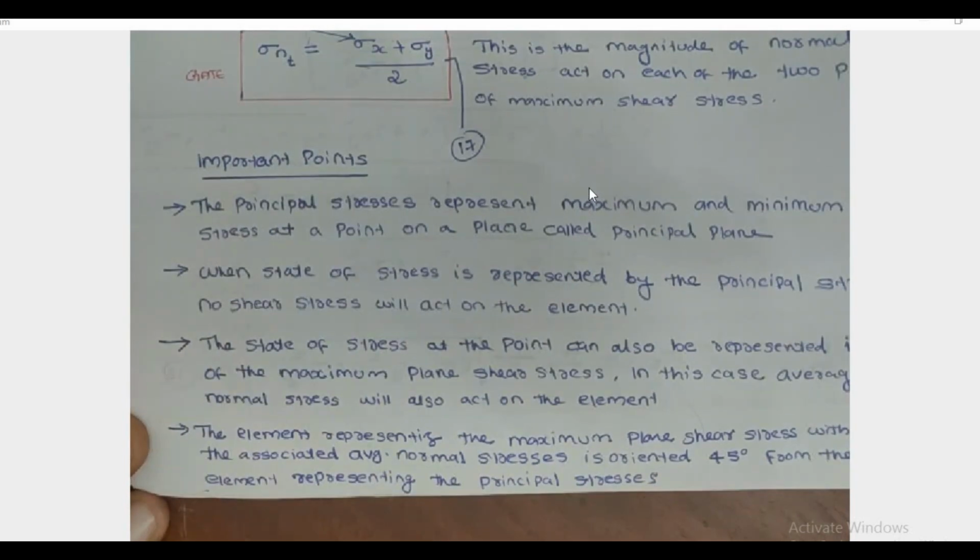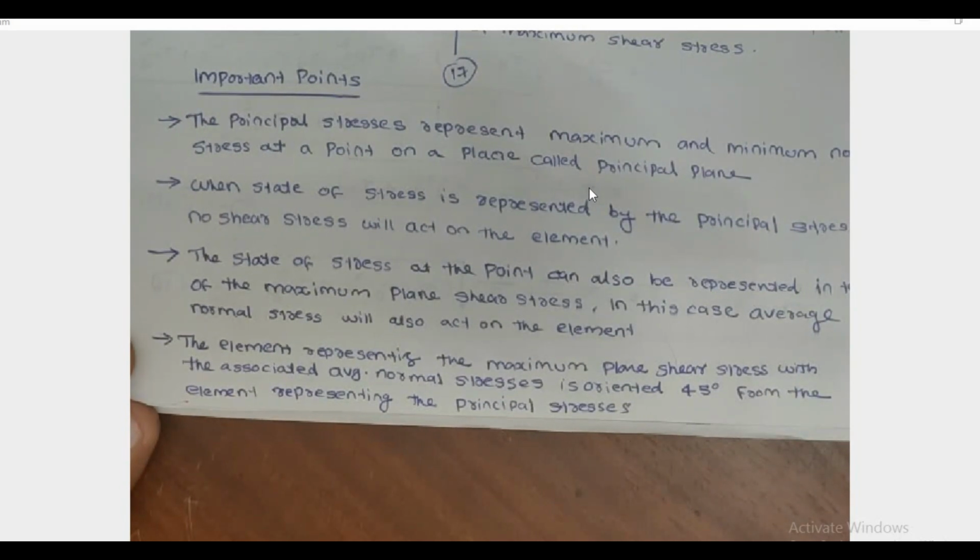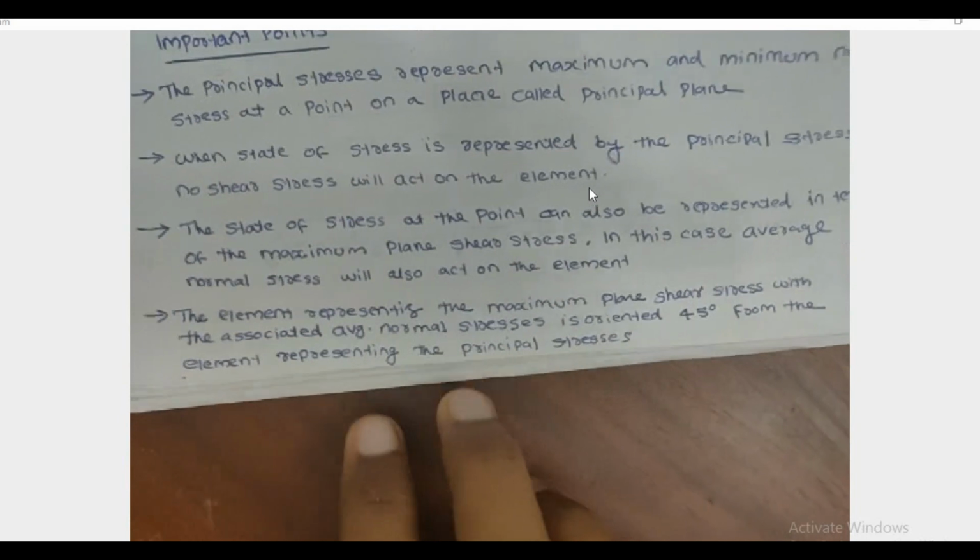This sigma x plus sigma y by 2 is the normal stress on the plane of maximum shear stress. That will be the average stress. The element representing the maximum plane shear stress and the associated average normal stress is oriented 45 degrees from the element representing the principal stress. So that is about transformation of stress and strain.